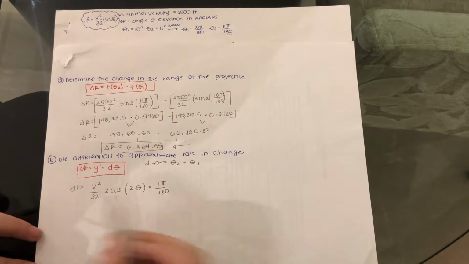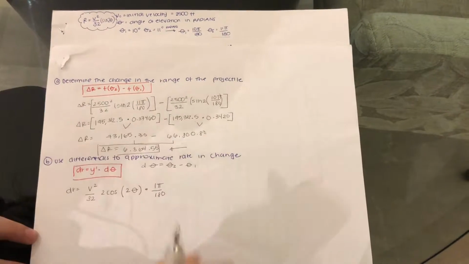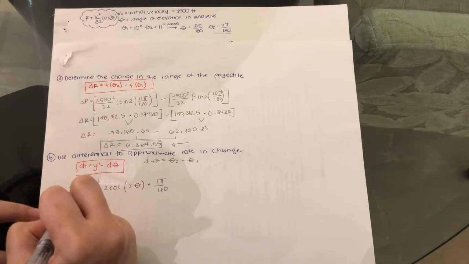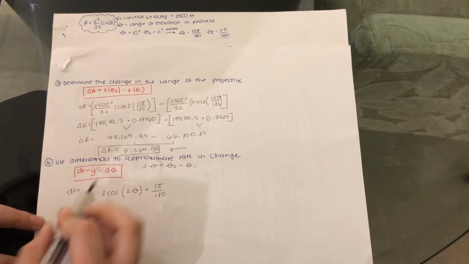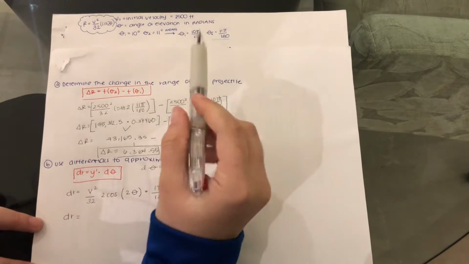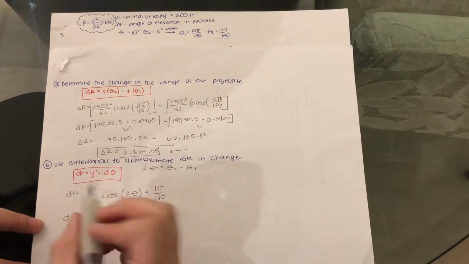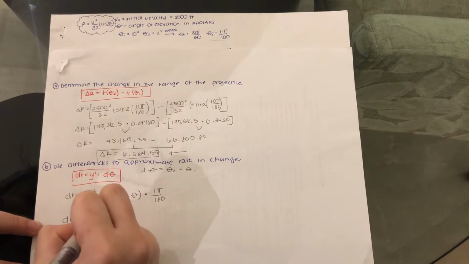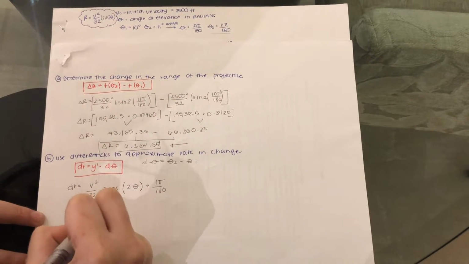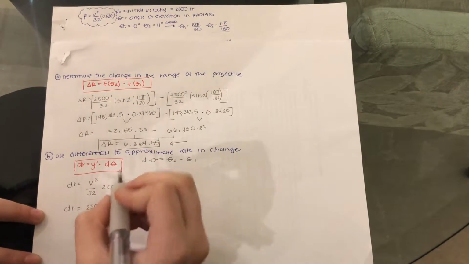Once we have this done, we can start multiplying everything in the calculator or plugging in values. We're gonna plug in values first. On the v, we substitute 2,500 feet squared over 32, because this one is our initial velocity.